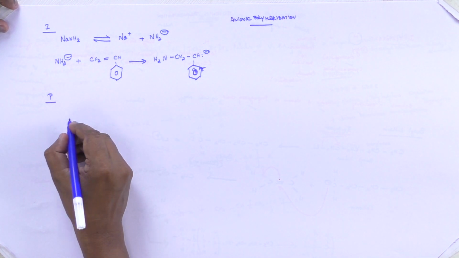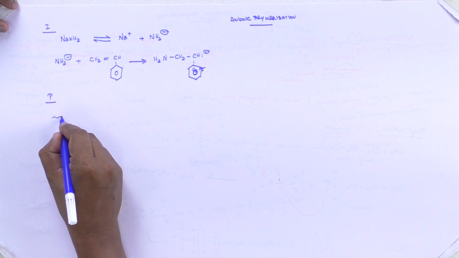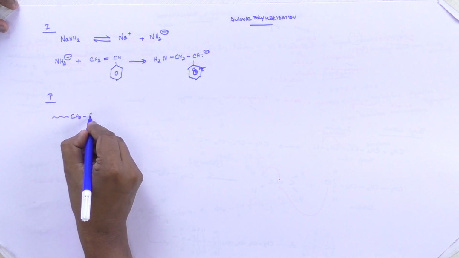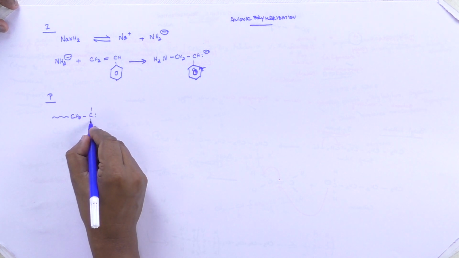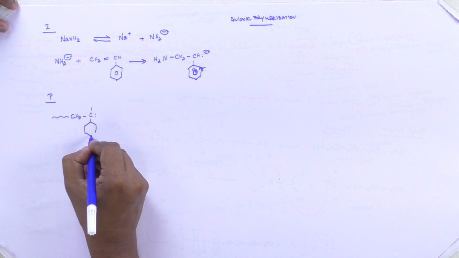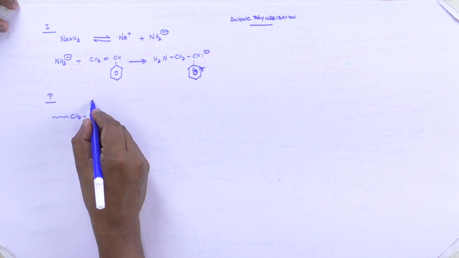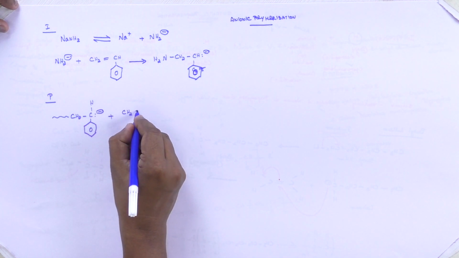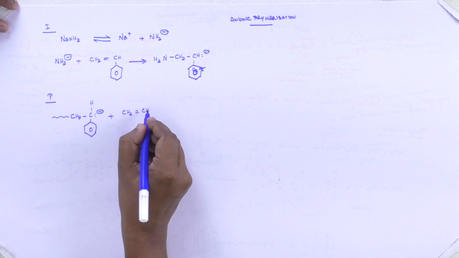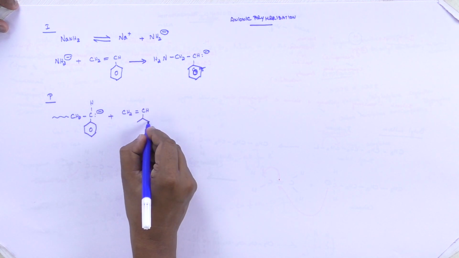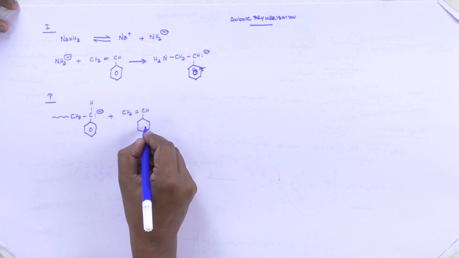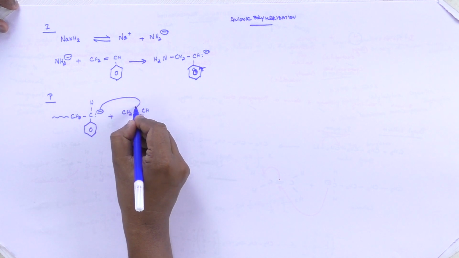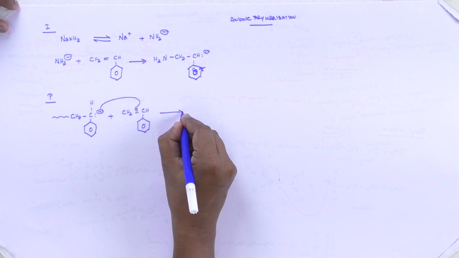What happens in the propagation step is, let us take, this is the rest of your chain, CH2, C, you have this styrene molecule, and the monomer reacts, so there is a bond shift like this, an electron shift.